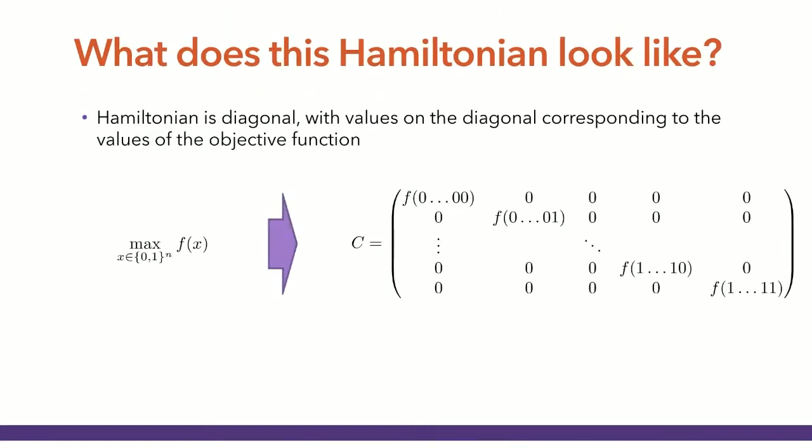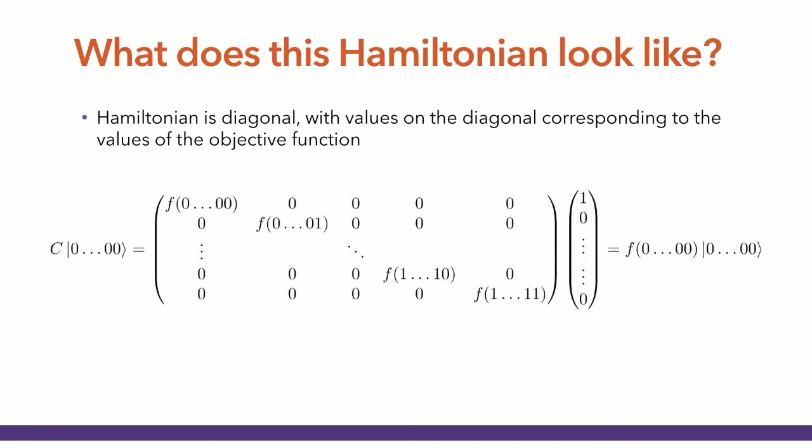Okay, so what does this Hamiltonian actually look like? What we want is a Hamiltonian that acts on a computational basis state x as f of x. It's a matrix of 2 to the power of n by 2 to the power of n that has on its diagonal all values of the objective function on all possible binary strings.